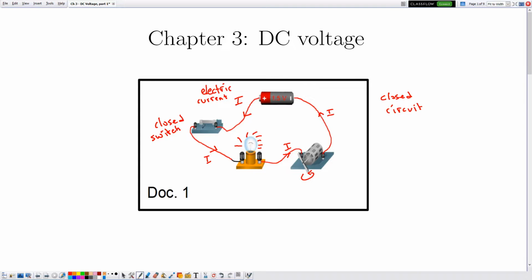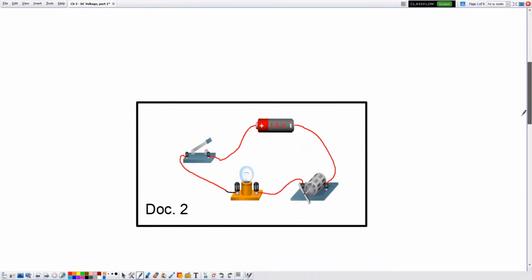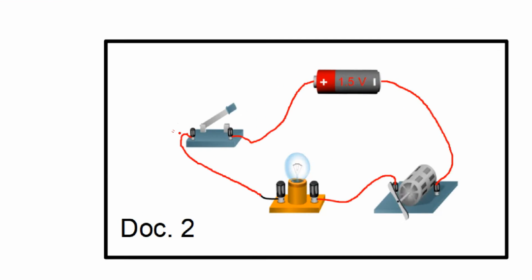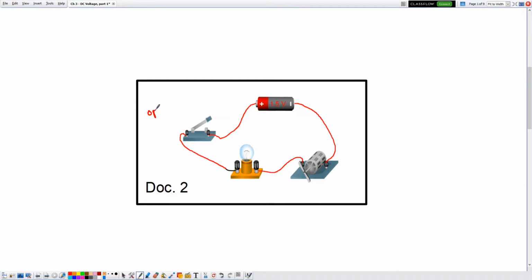Now what happens if the switch is an open switch? In this electric circuit, the switch here is an open switch, and this circuit is said to be an open circuit.